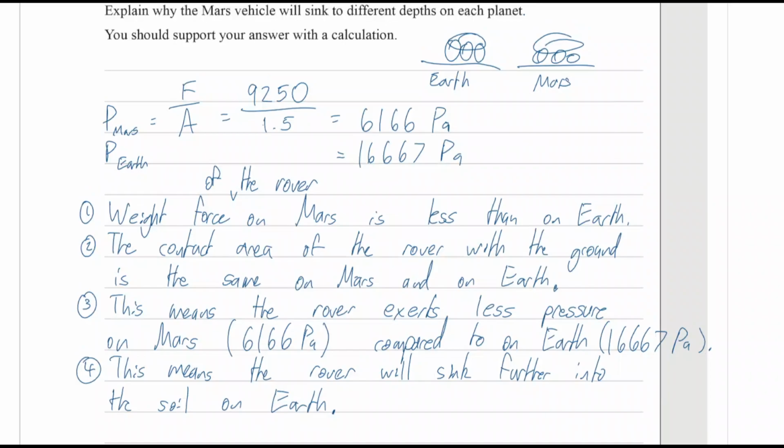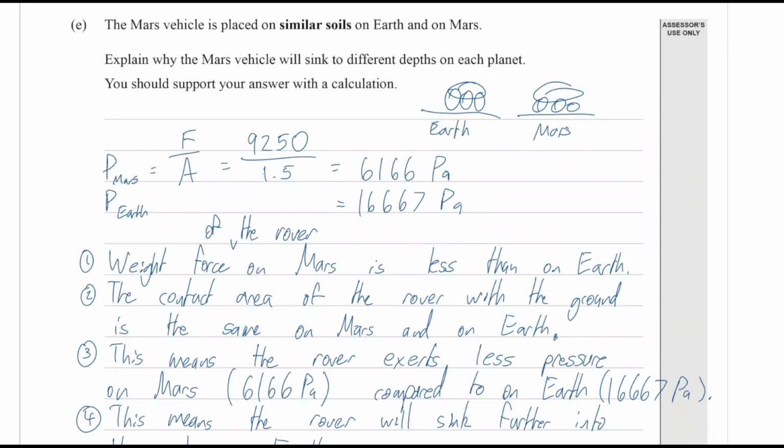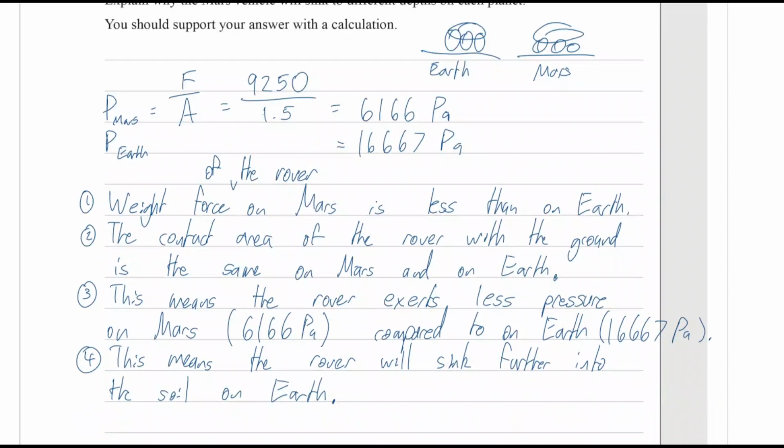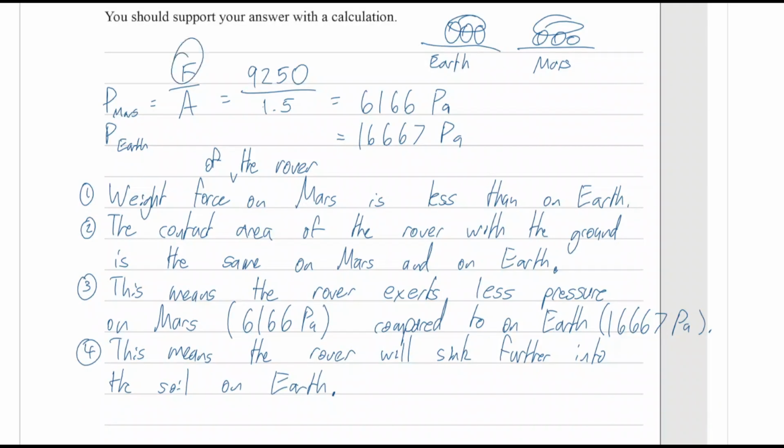Just to summarize this one, because I know it's a lot, we first got some calculations done. We worked out the pressure the rover exerts on the soil on Mars, so that we could then clearly see it's a lot less than on Earth. We then talked about the force, the area, and the pressure, comparing Mars and Earth, right?